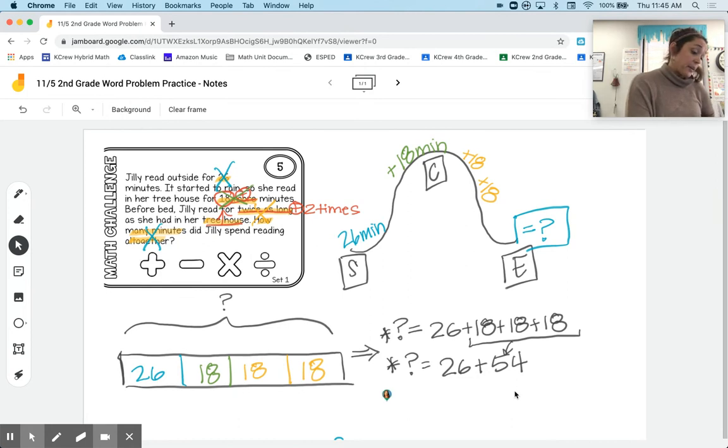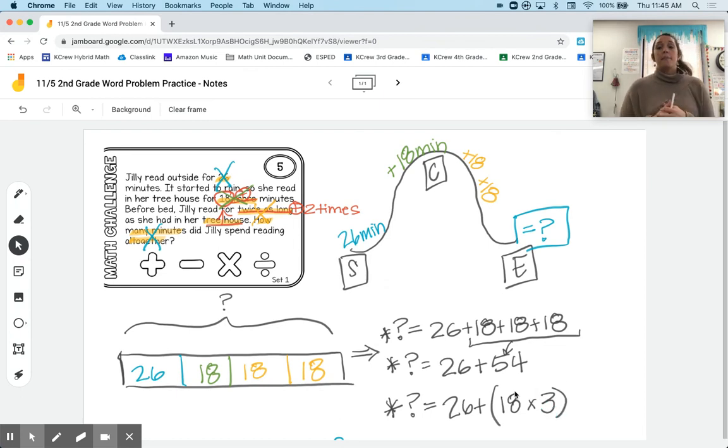Another way, if you want to be really fancy or really advanced, you could do it like a third grader, with multiplication. Multiplication is really just repeated addition. So we would do 26 plus, and we put it in parentheses because we hug what's important and do that first, 18 times 3. 18 times 3 means that you're going to add 18 3 times. So any one of those equations would work for this.